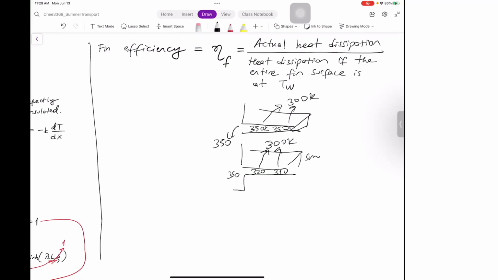So here you would get larger heat loss, and you would get a small heat loss here, right?